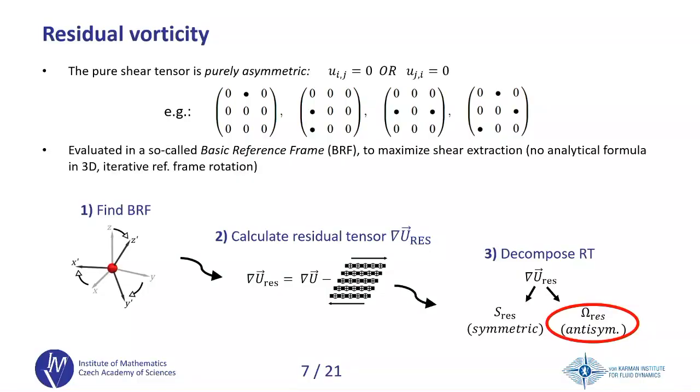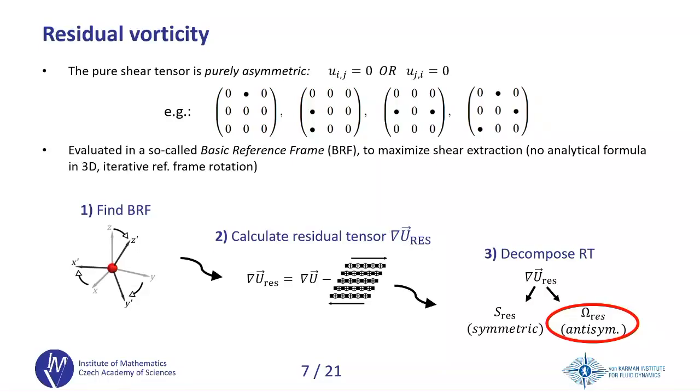Once we have this reference frame, we subtract this pure shear tensor and obtain the residual tensor. And in the third step, we decompose this residual tensor into a symmetric and antisymmetric part, where the antisymmetric part, finally, is our residual vorticity, which we then use for vortex identification.